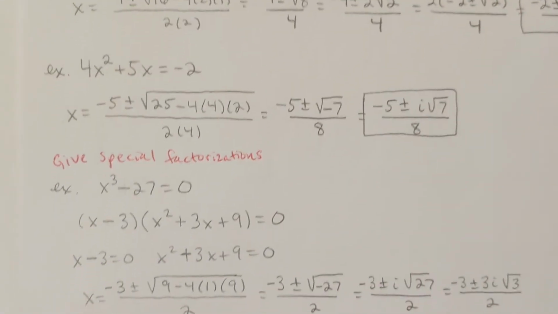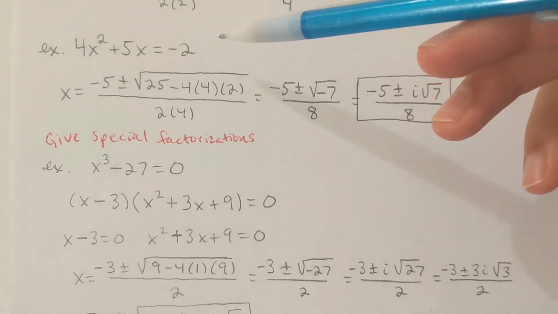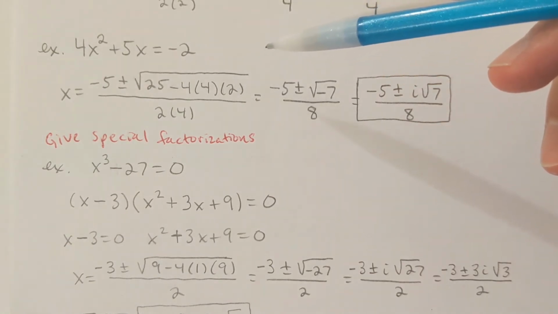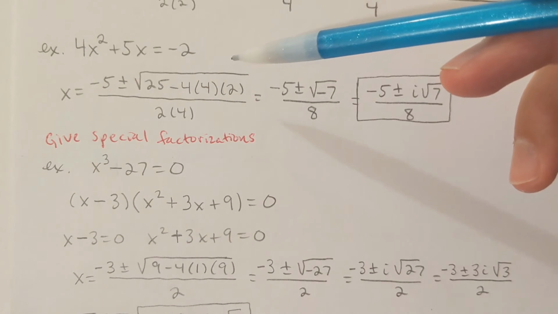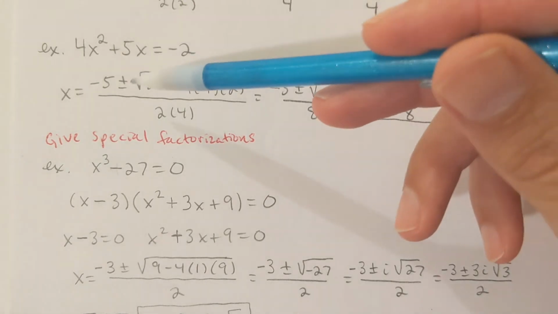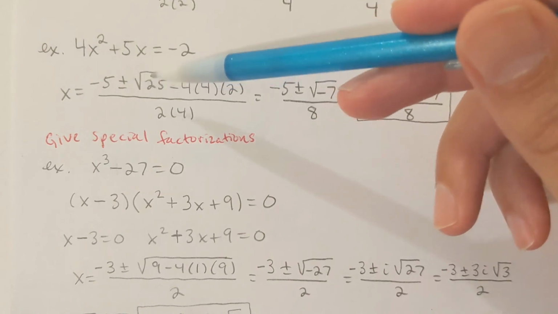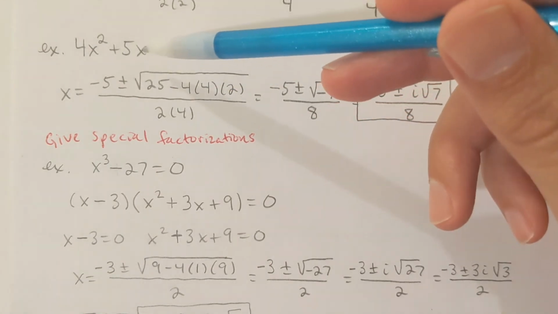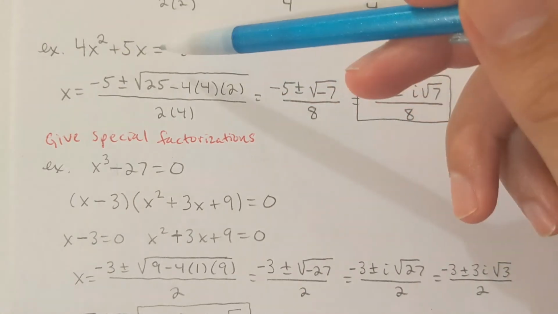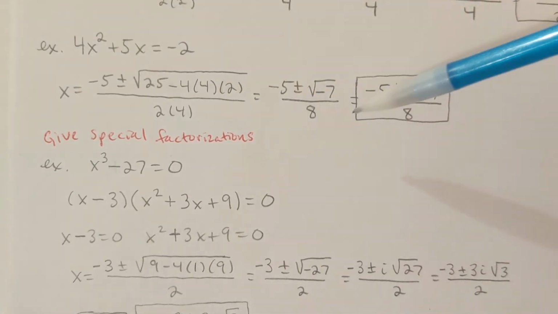Okay, so let's try out 4x squared minus 5x equals negative 2. 4x squared minus 5x plus 2 equals 0. Well, x is equal to negative b plus or minus the square root of b squared minus 4ac all over 2a. So I got the opposite of b, which is negative 5, plus or minus the square root of b squared. 5 squared is 25, minus 4 times 4 times 2, all over 2 times 4, which is 8.